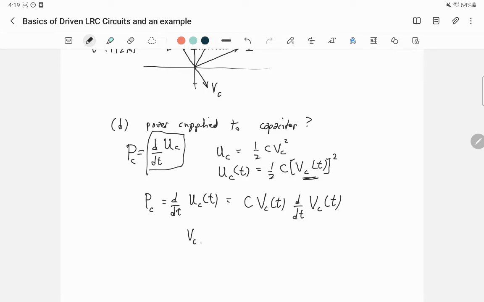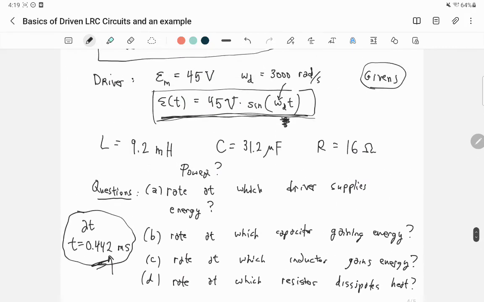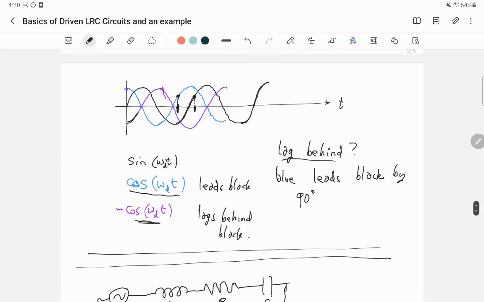Because the voltage across the capacitor as a function of time is the amplitude multiplied, not by sine, but actually by cosine. It's going to be cosine of the driver frequency times the time minus phi, like this. But do you remember this stuff where I was telling you that the capacitor lags behind?